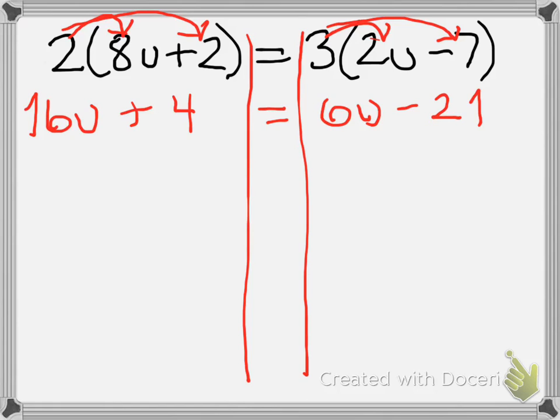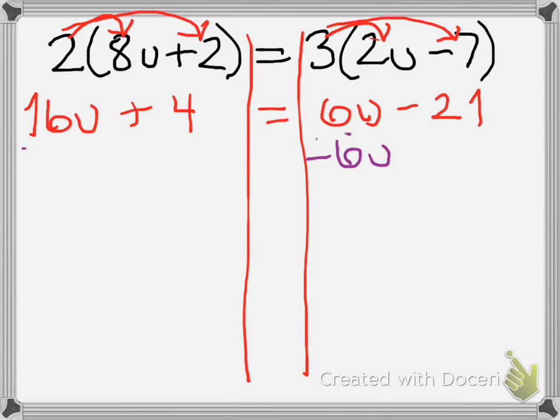Since we have the variable u on both sides of the equal sign, we look at the coefficients, the numbers in front of the variable. The coefficient for this one is 16, and for this one is 6. Which one is less? The 6. So we're going to take the 6 from the right side and subtract it from each side.